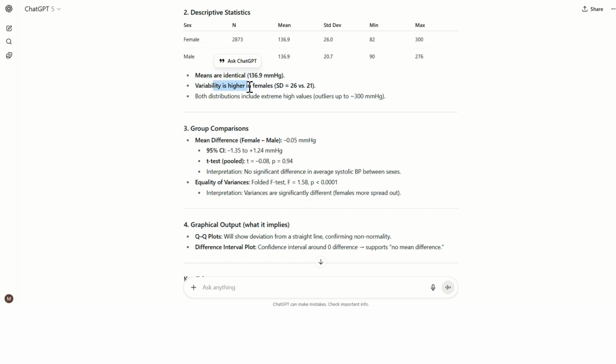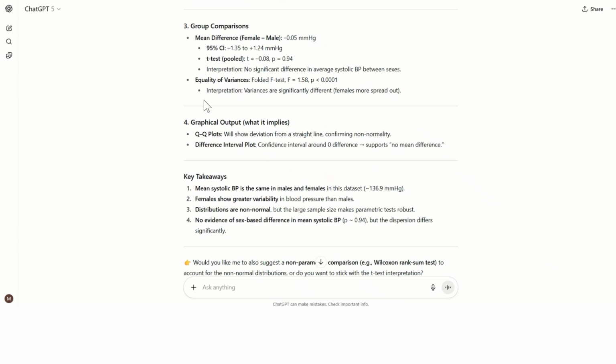The variability is higher in females because we see that the standard deviation for females was higher. And when we compare the means, we see that there is a difference of 0.05 millimeters of mercury. The females have 0.05 millimeters of mercury lower systolic blood pressure compared to males.